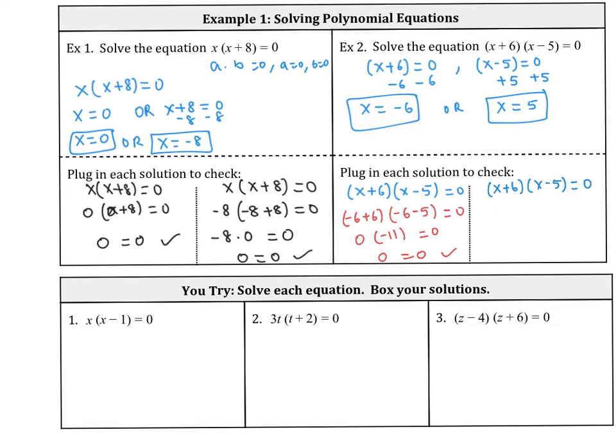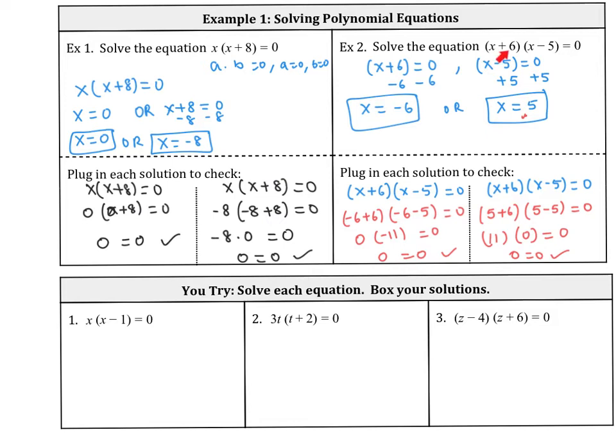So we're going to plug in 5 for x. So you get 5 plus 6, 5 minus 5. So that's going to be 11 times 0. 11 times 0 is 0, and 0 equals 0 is true.